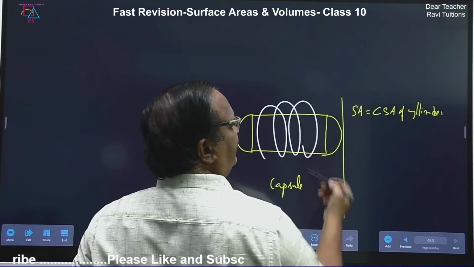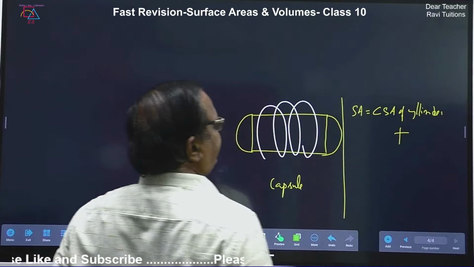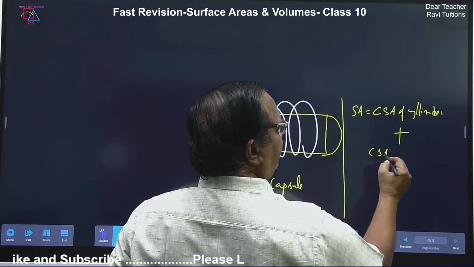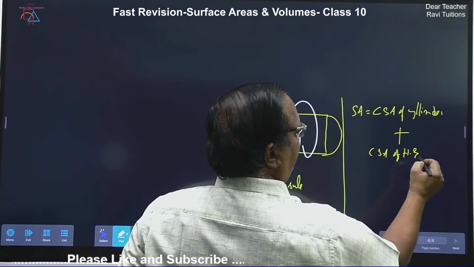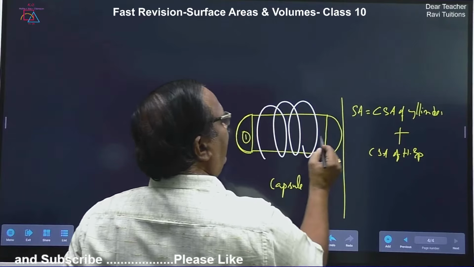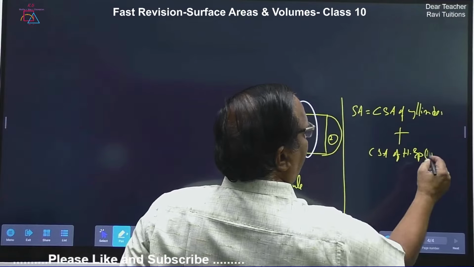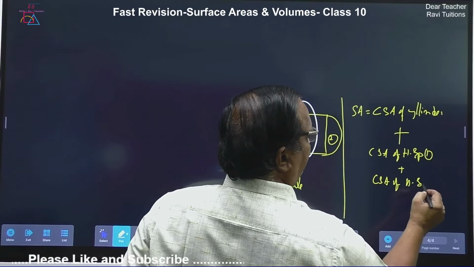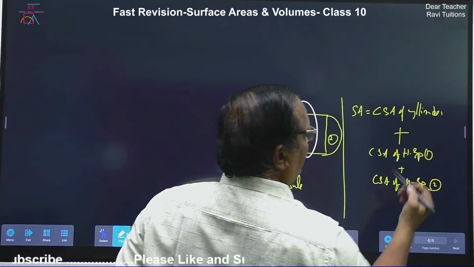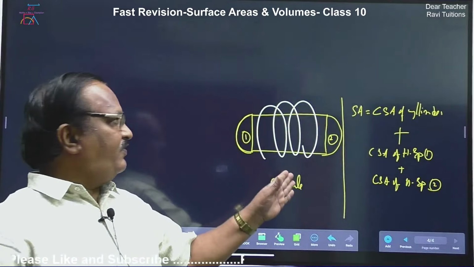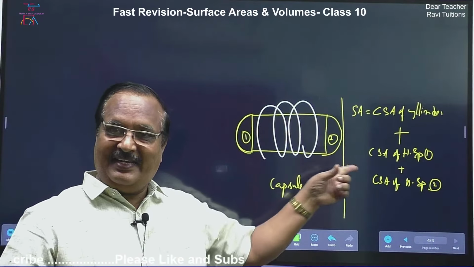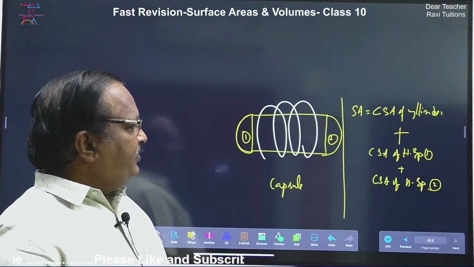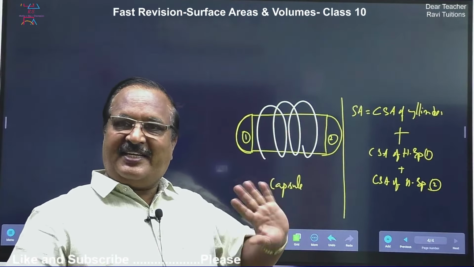This is curved surface area of cylinder plus curved surface area of hemisphere 1 plus CSA of hemisphere 2. This is the surface area of this part. Here addition is going on. Okay. So now surface areas part is done.